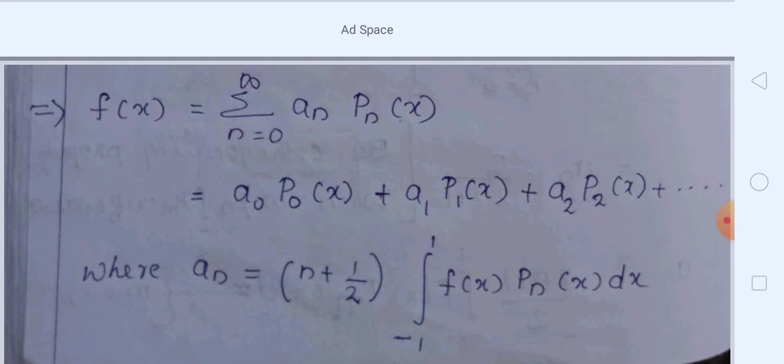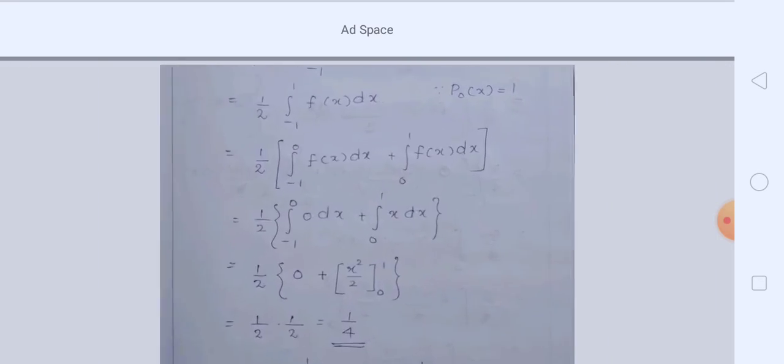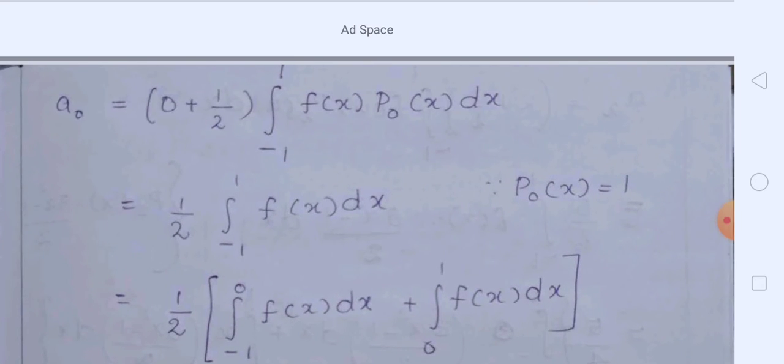Then we can write a_0 is equal to, putting n equal to 0, (0 plus half) integral minus 1 to 1 f(x) P_0(x) dx. We know that P_0(x) is equal to 1. Then it is equal to 1 by 2 integral minus 1 to 1 f(x) dx.